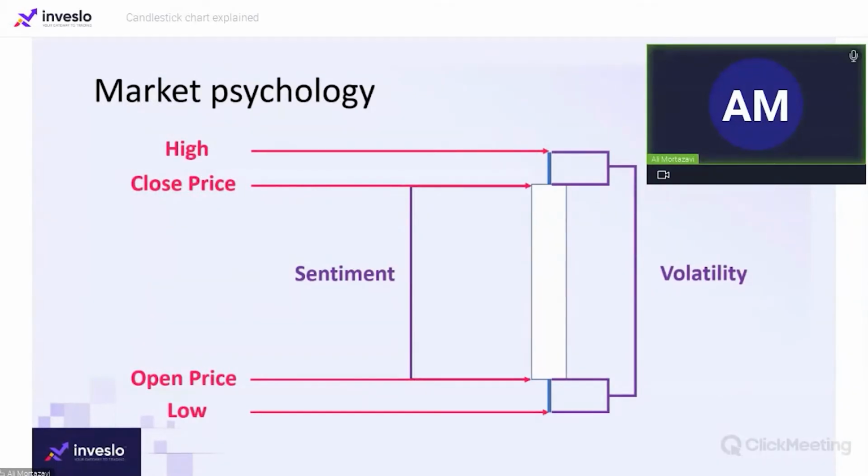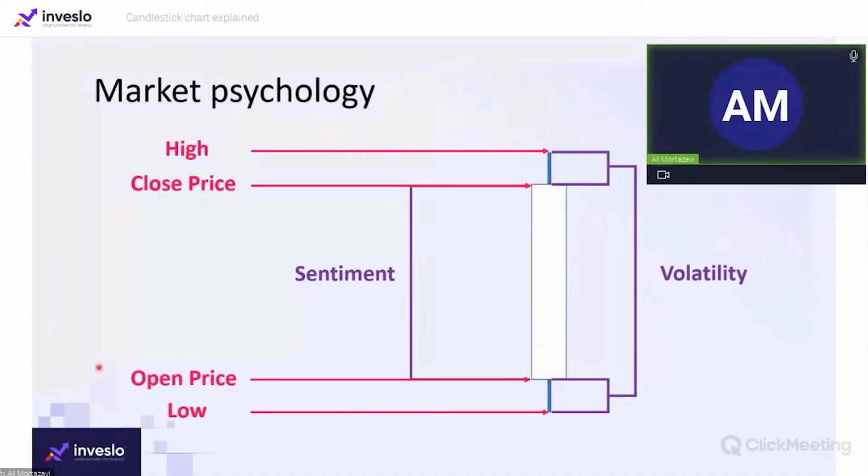The most important concept behind the candlestick charts is revealing the market psychology, because the price is always the outcome of a challenge between the buyers and sellers. So the candlestick charting method has this ability to show us which side of the market is driving the market and has the upper hand.